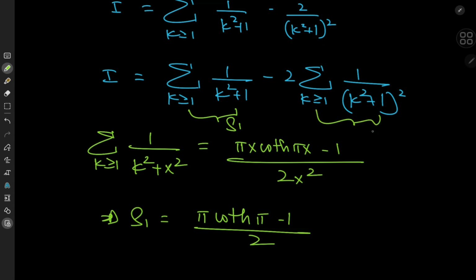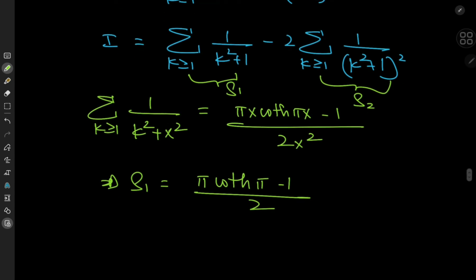But what about the series that I'm now calling s sub 2? Anyway, so what about s sub 2? Well, s sub 2 has k squared plus 1 squared in the denominator. So if I had a series that had k squared plus x squared squared, that would be quite helpful.